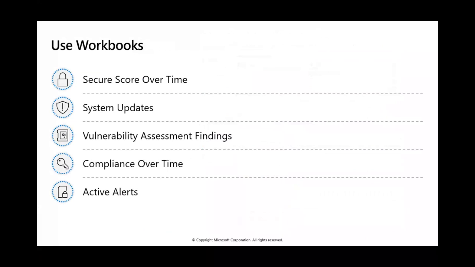We can also view the status of subscription compliance with the regulatory or industry standards that we have selected. And an active alert workbook, where we can view active alerts by severity, by type, by MITRE ATT&CK tactic, and location.